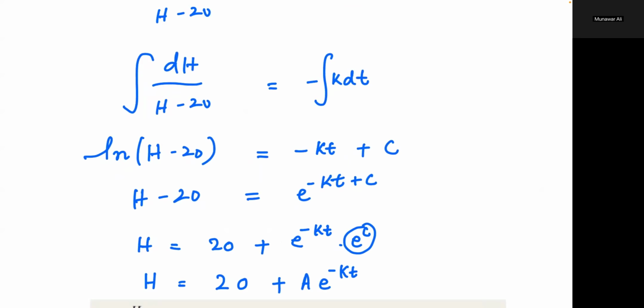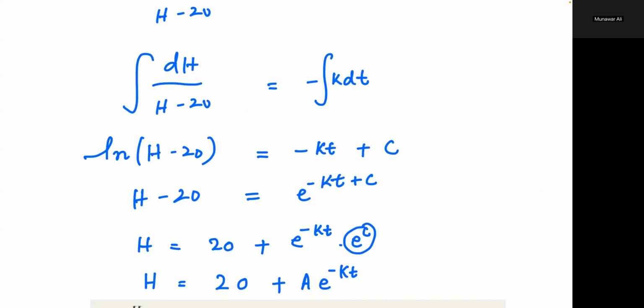This corresponds to Newton's law of cooling or warming. We'll see in the next section where we will be dealing with some of the applications. What does it say? For example, if you put t is equal to 0, this quantity would be e to the 0, which is 1.